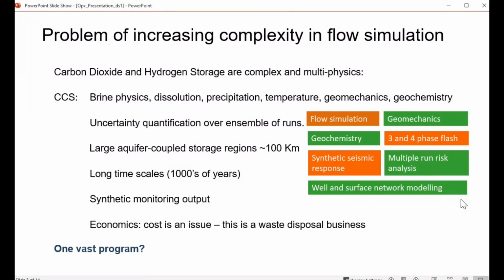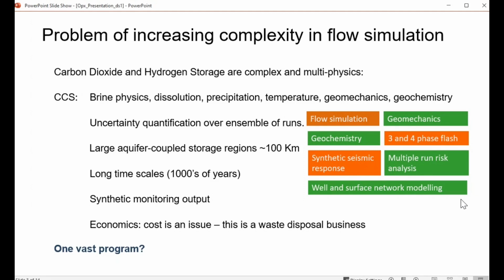I was very excited by what Delphine talked about today, exactly what we're after, doing a lot of runs and then a statistical analysis to see what the risks and variability are. As I mentioned, 100-kilometer storage regions, and often what appear to be independent regions are actually coupled by underlying aquifers and thousands of year timescales.